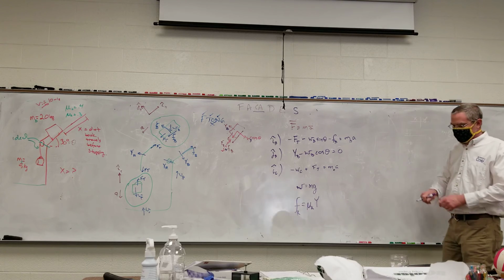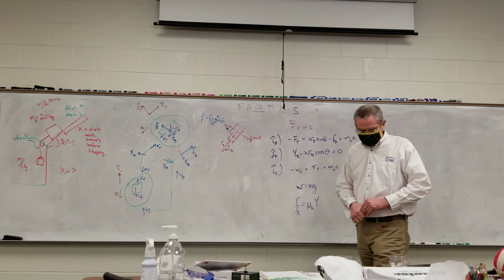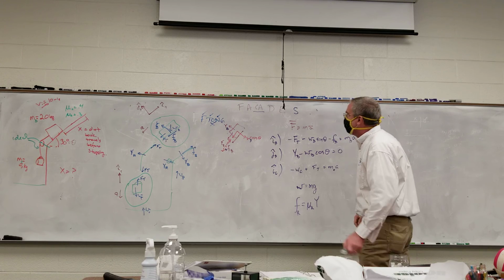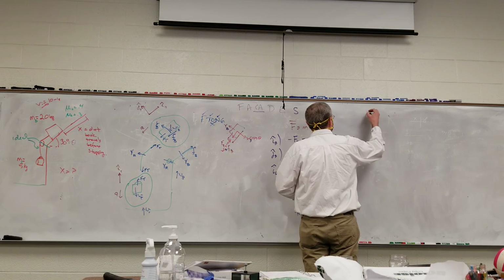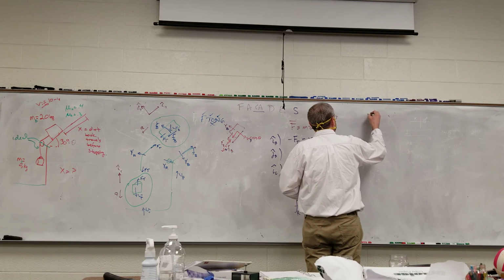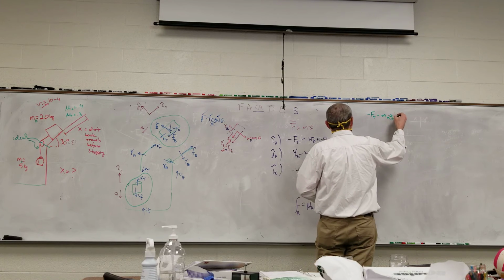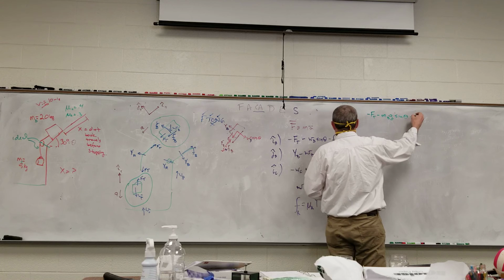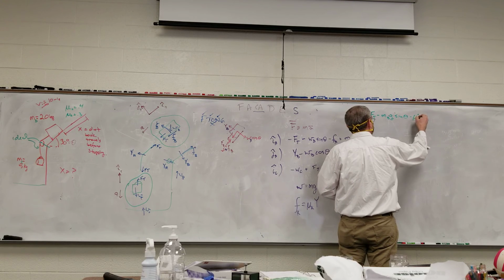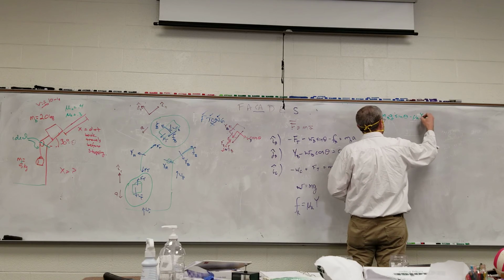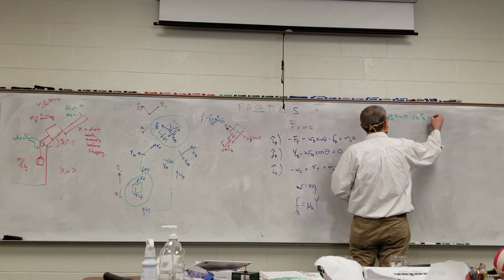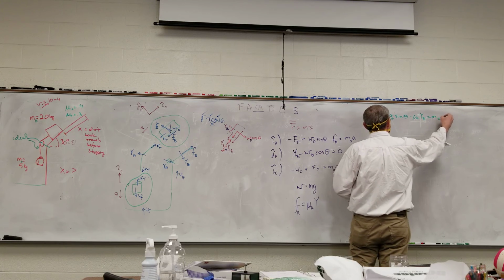So if we do those substitutions here, we'll rewrite our equations except with these things in place. So I have negative FT minus MBg sine theta minus mu k YB is equal to MBA.